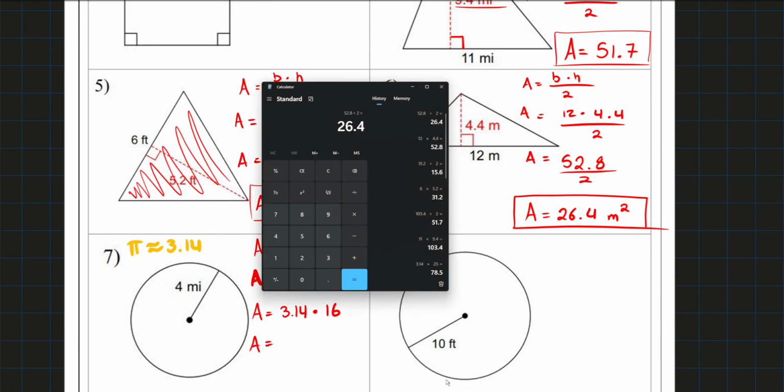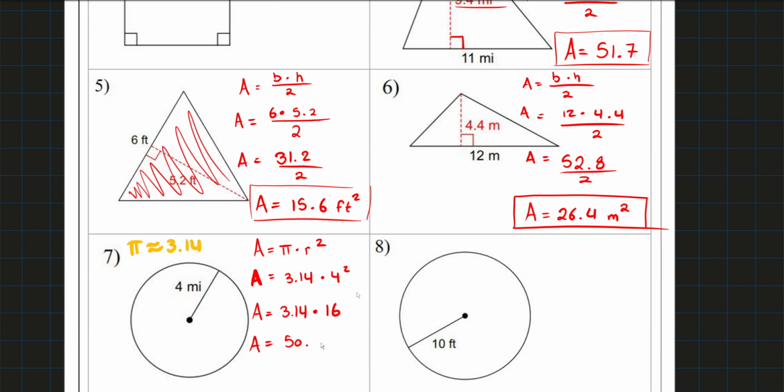And now we're going to pull out the old handy-dandy calculator. 3.14 times 16. 50.24. And again, since we didn't use pi exactly, this is approximately 50.24 miles squared.